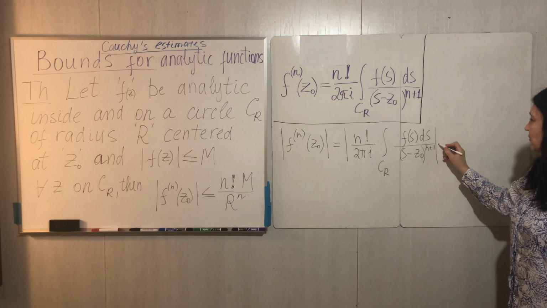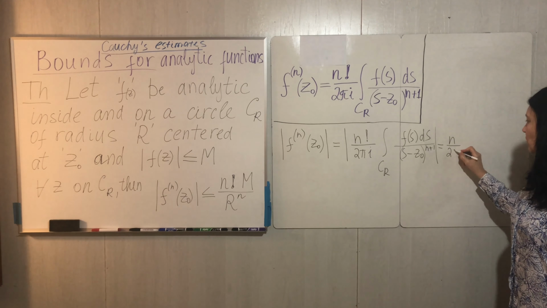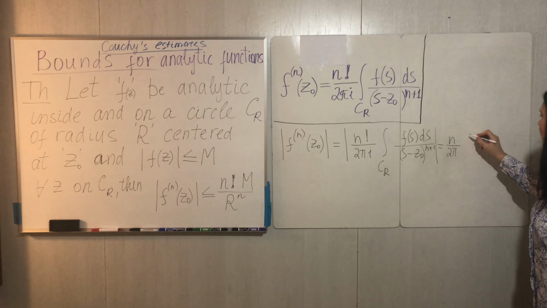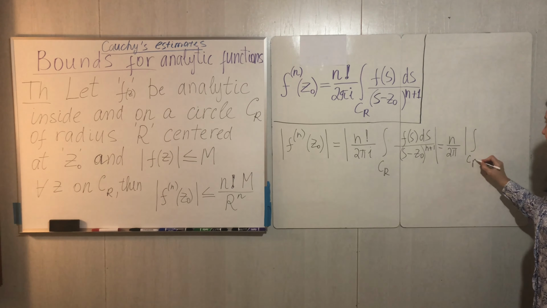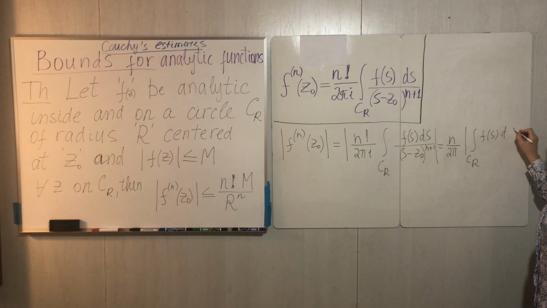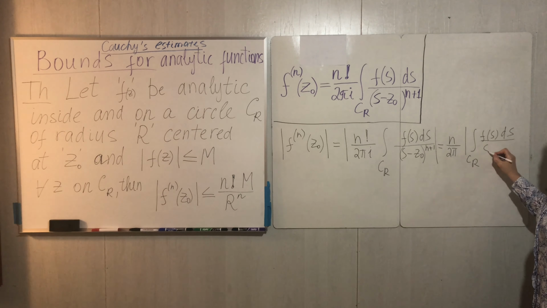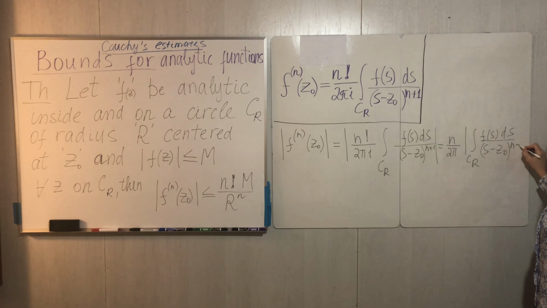So we will have n factorial over 2 pi times the modulus of the integral along C_R of f of s ds over s minus z sub 0 to the n plus 1.